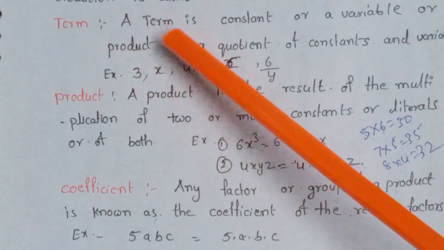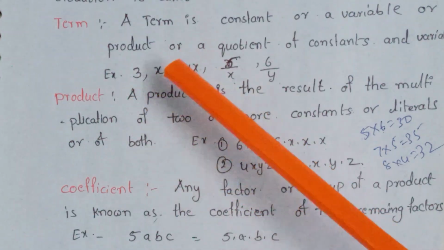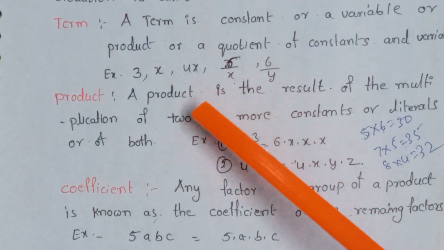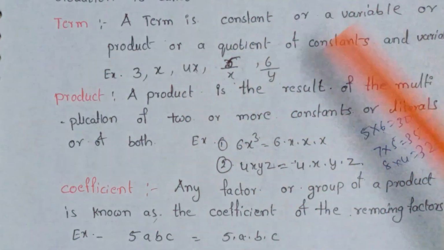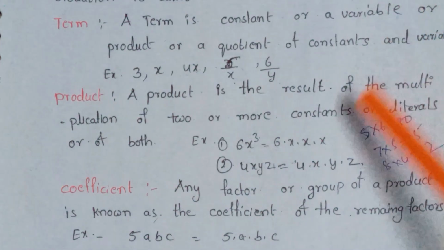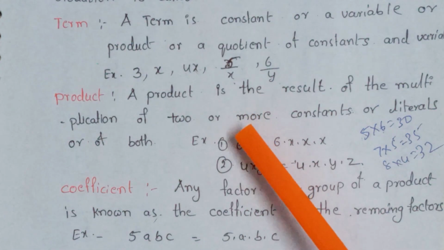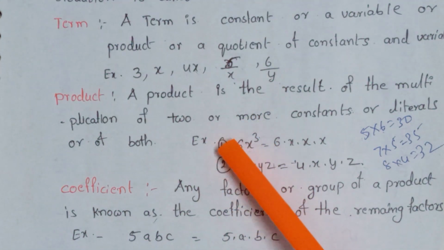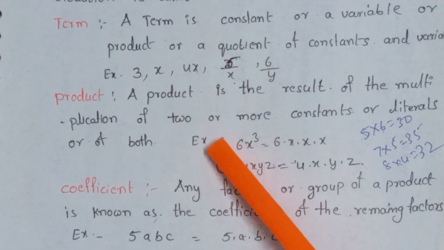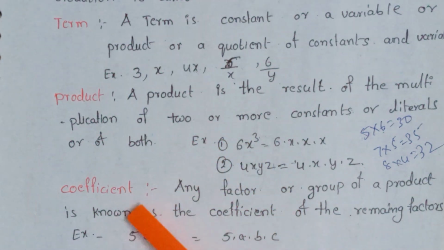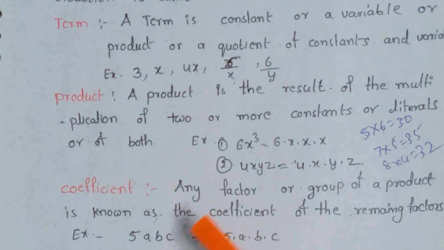A term is a constant or variable, or both constant and variable, or a quotient of variable and constant. Product means the multiplication of numbers or literals. Coefficient means one number is the coefficient of the remaining factors of the group.